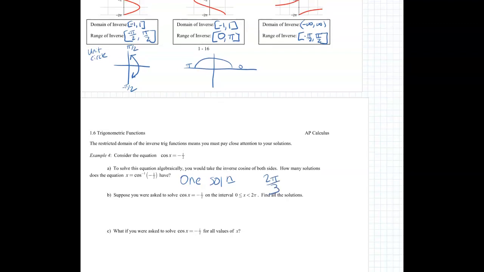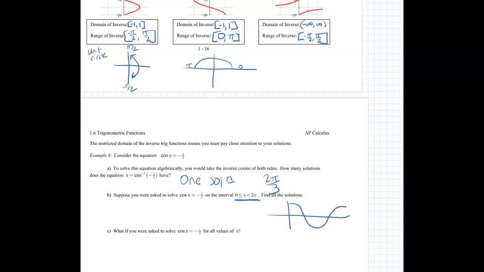Alright, so the next one, it says, suppose we're asked to solve cosine of x equals -1/2 on the interval from 0 to 2 pi, find all solutions. So this just basically tells me graph one period of cosine of x. Alright, so easy enough. Rough sketch.